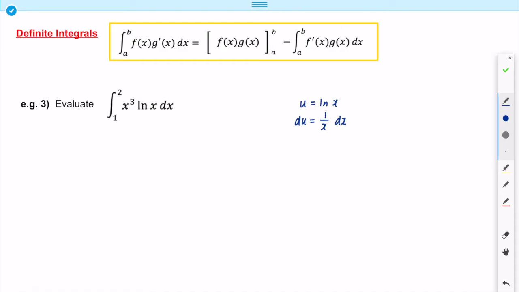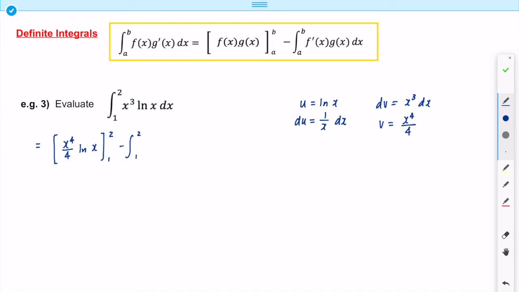And then I'm going to let dv to be x cubed dx, so that v is x to the power 4 over 4. And now uv is x to the power 4 over 4 times ln x. We evaluate this from 1 to 2 minus the integral from 1 to 2 of v du.